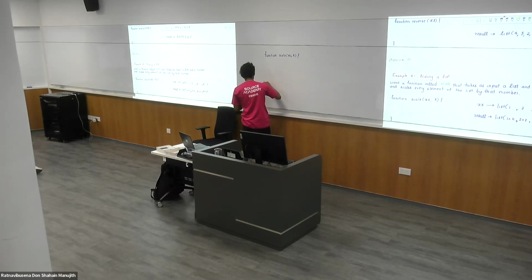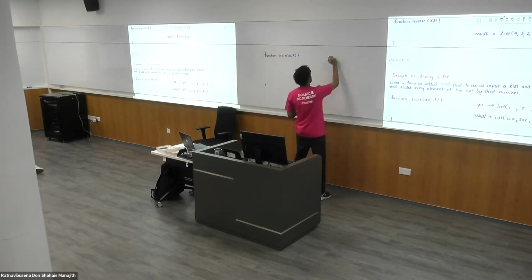Okay, so we have a list XS and a number k. Let's say XS is 1, 2, 3, 4.